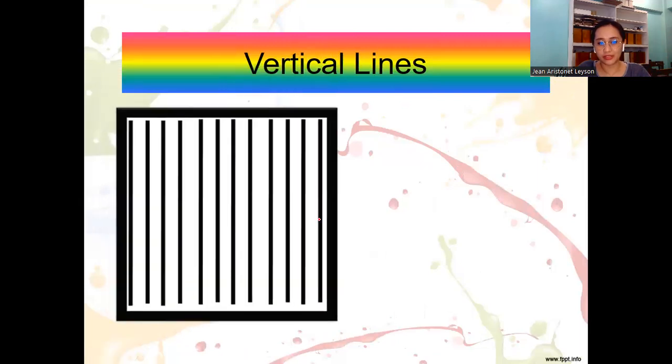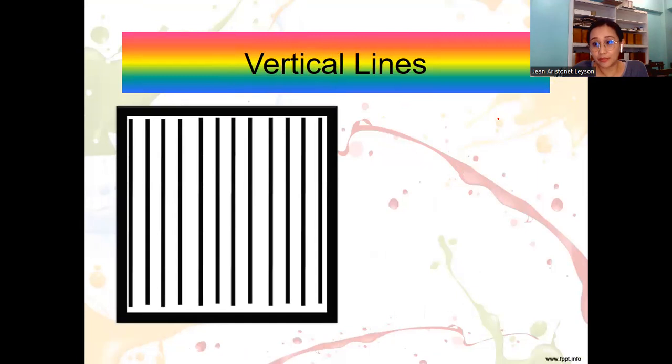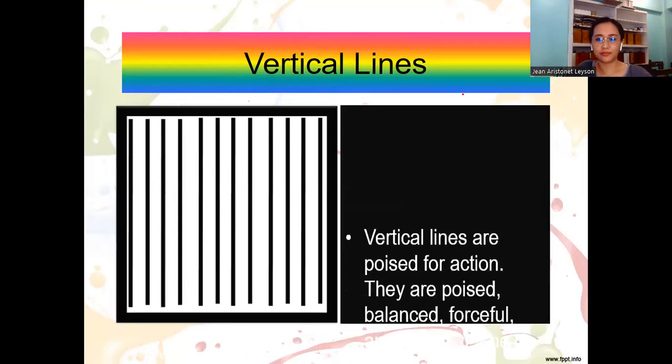Here we have examples of vertical lines. When you were in elementary, I'm not sure if kinder or grade one, the very first activity that our teachers asked us was to draw lines: vertical lines, horizontal lines, and diagonal lines.